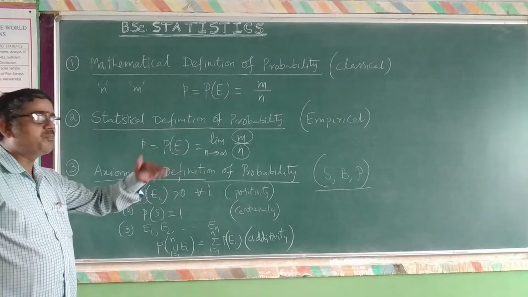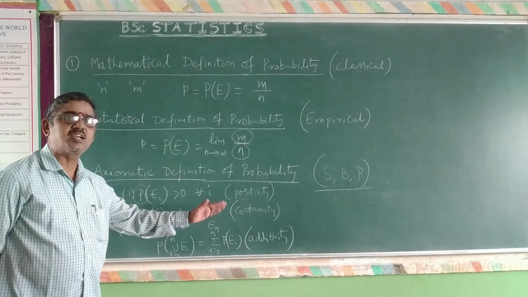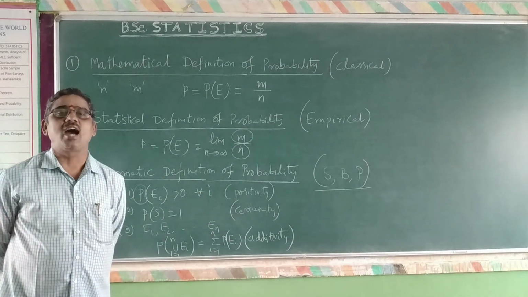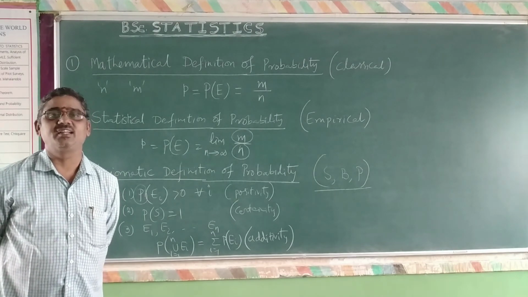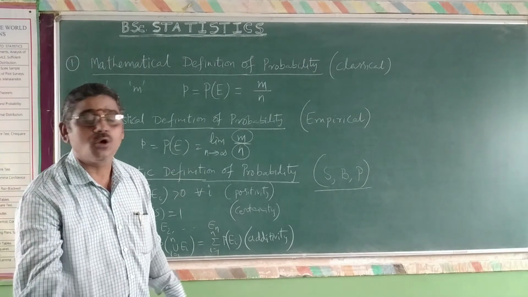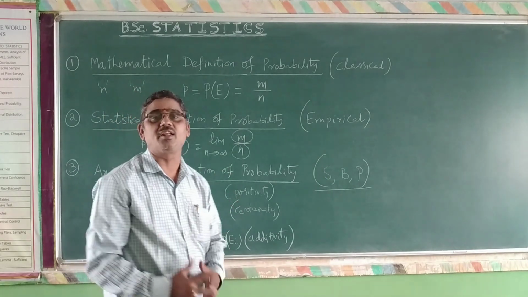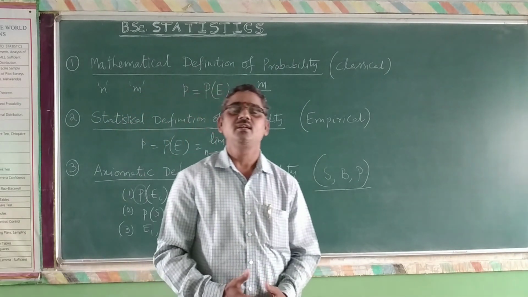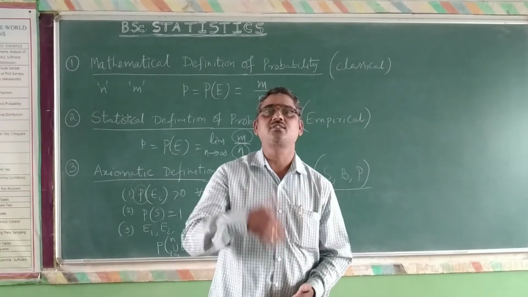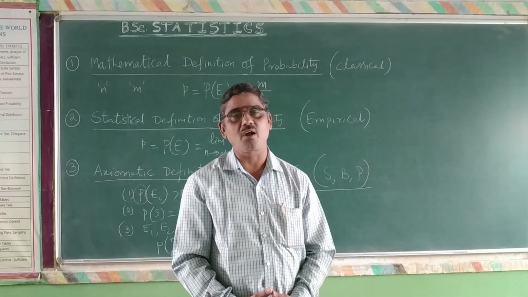So any P that satisfies positivity, certainty and additivity gives the axiomatic definition of probability. These are the three kinds of definitions of probability: mathematical, statistical and axiomatic.